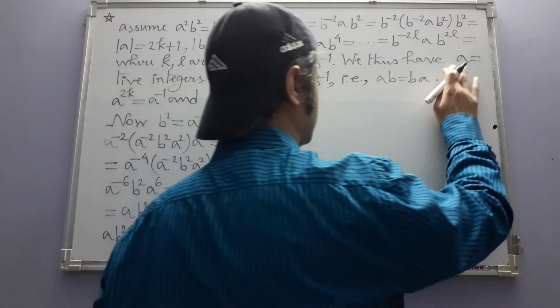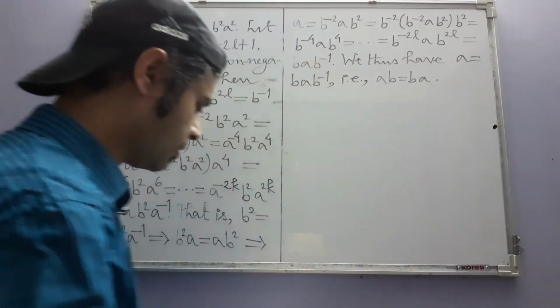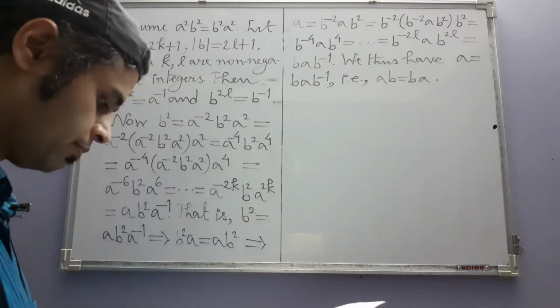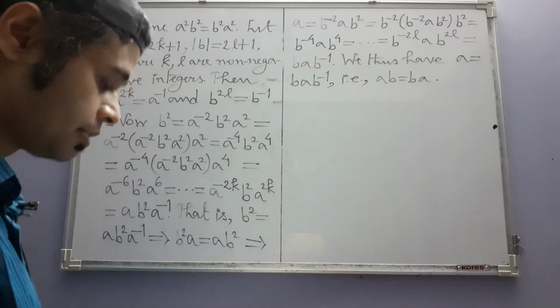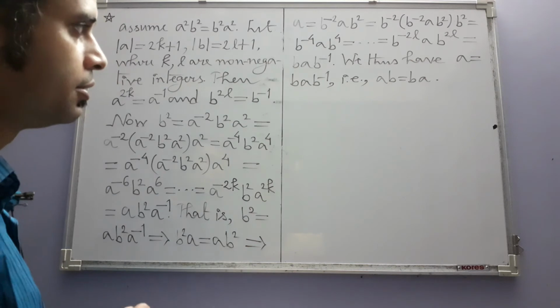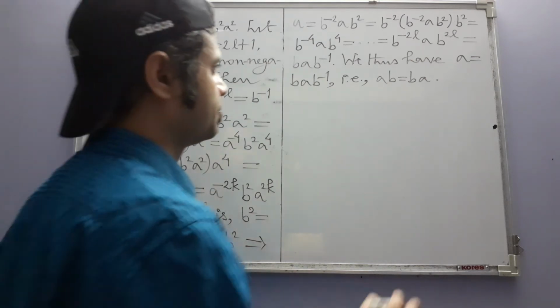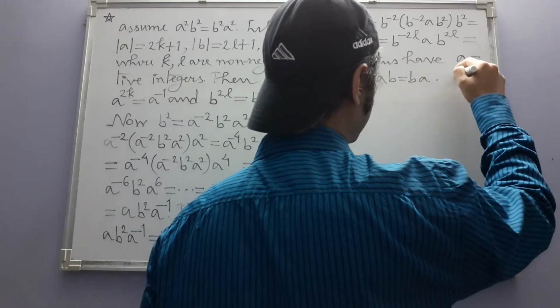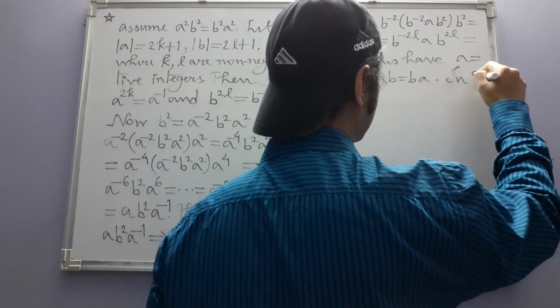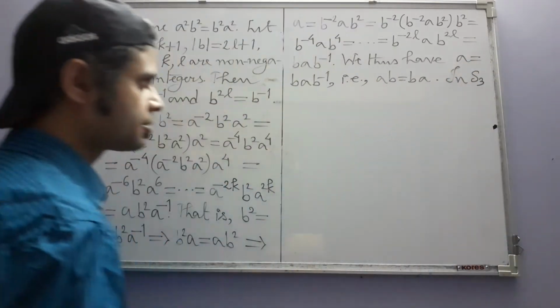Okay, solution is not over yet. We have to also show that this is not necessarily true if the elements A and B have even order. And for that we look at our familiar group S3.